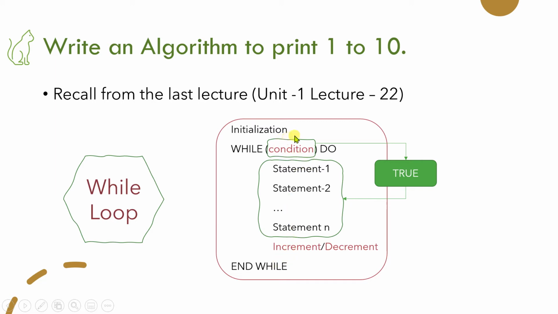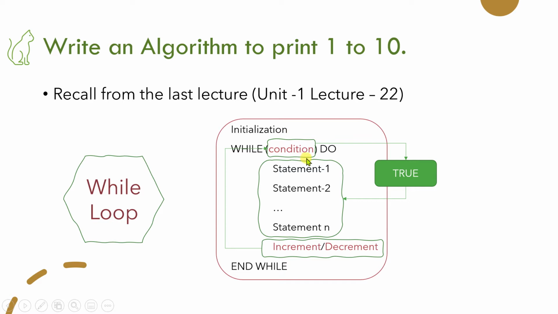As I have already told you, when the condition is true, these statements get executed, and this particular statement, the increment or decrement, helps in driving the condition towards falsity, and the loop continues like this. After the increment or decrement is over, it goes to check the condition.